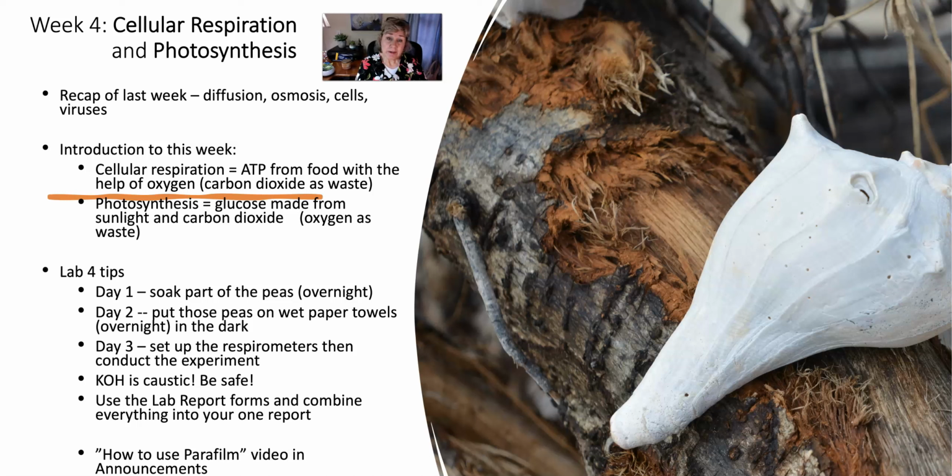So we do this process called cellular respiration, and in particular, aerobic respiration, where we use oxygen to break down our food molecules to make lots and lots of ATP molecules. And ATP is stored energy that then is released to let enzymes do their work.